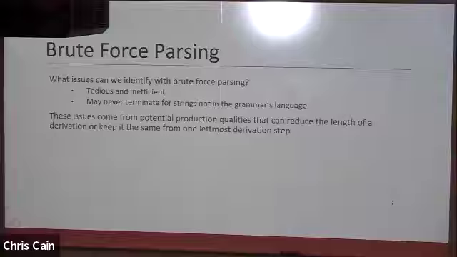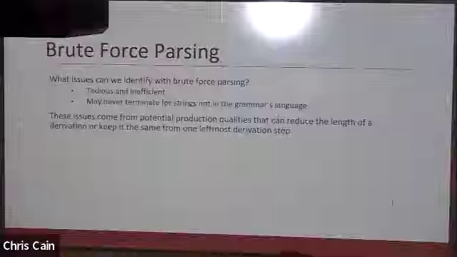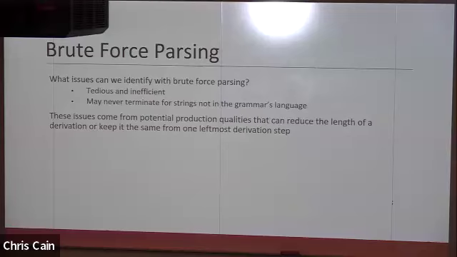We have no way to take those 10 terminals and create a 9-terminal string or an 8-terminal string or a 7-terminal string. That's helpful because we get to cut off those branches once we produce a set of terminals that's longer than our associated string, but there's no guarantee there isn't some kind of loop in that process where we end up back where we started without producing any new terminals, which could create a process that goes on forever. Does that make sense to people?